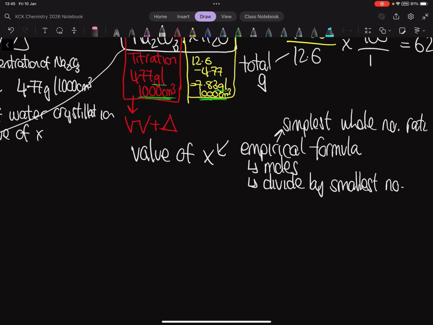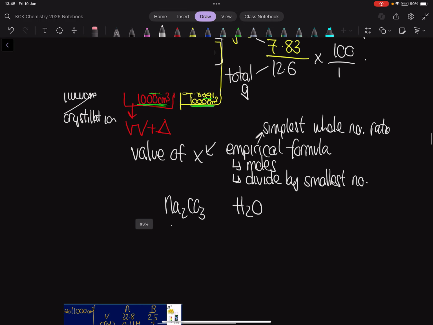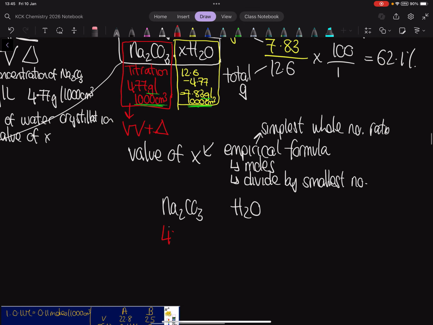Okay, so this is my setup: Na2CO3, and H2O on this side. We have to find the moles, and we know from our diagram here that we had 4.77 grams of sodium carbonate, and 7.83 grams of water.